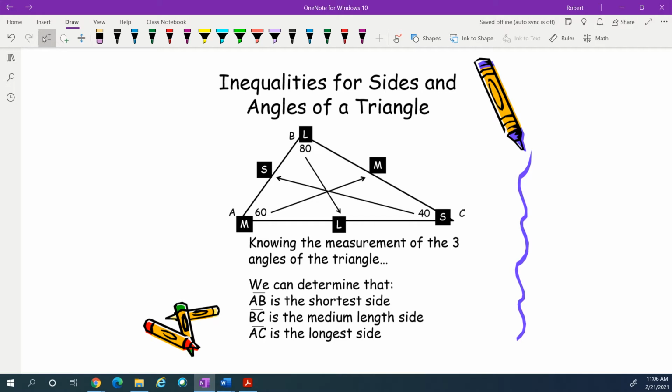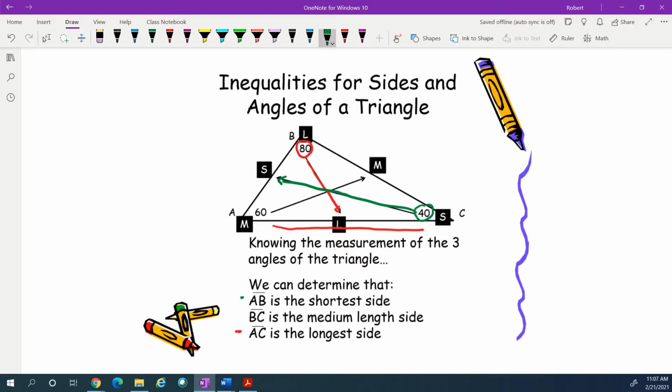And we've seen this before. The biggest angle, the 80, is opposite the biggest side, I'm sorry, AC. The smallest angle is a 40, and we draw an arrow out of it, and it points to the small side, or the short side, AB.